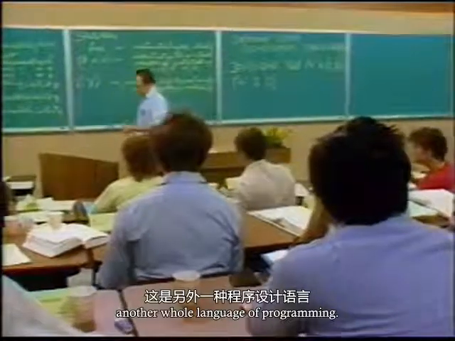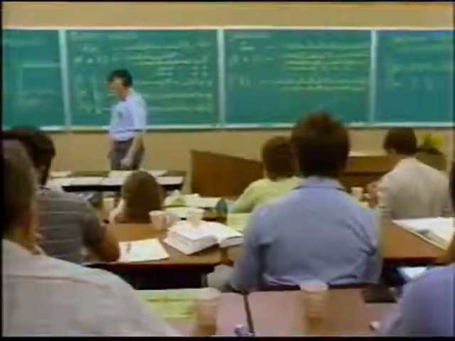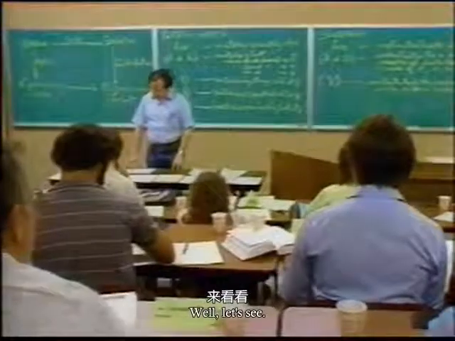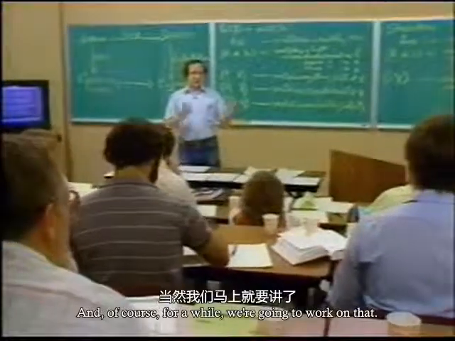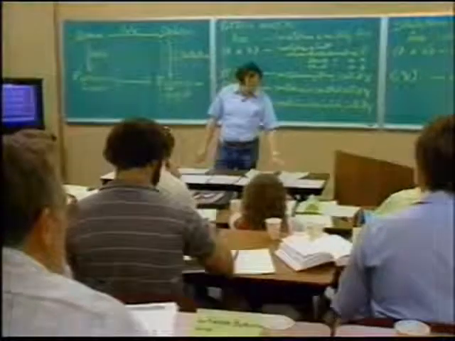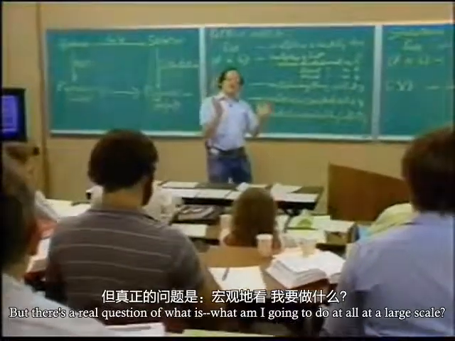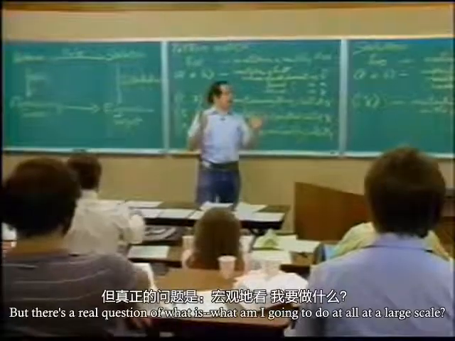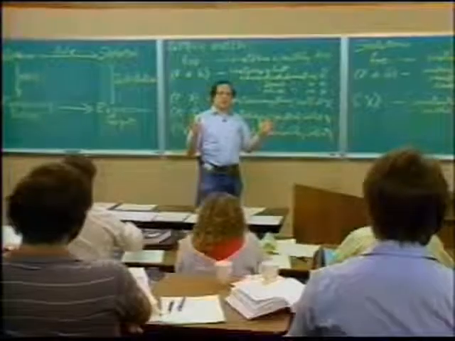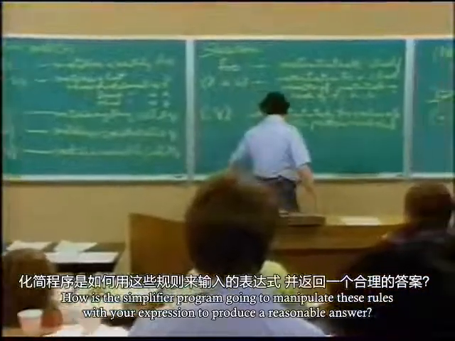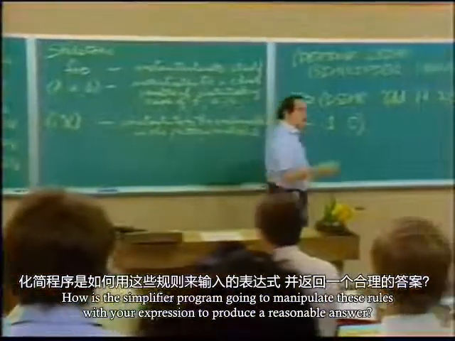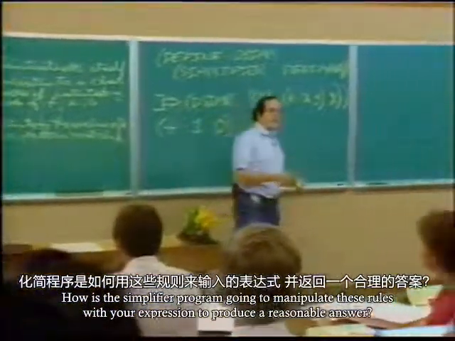Another whole language of programming. Well, let's see. I haven't told you how we're going to do this. And, of course, for a while we're going to work on that. But there's a real question of what am I going to do at all at a large scale? How do these rules work? How is the simplifier program going to manipulate these rules with your expression to produce a reasonable answer?